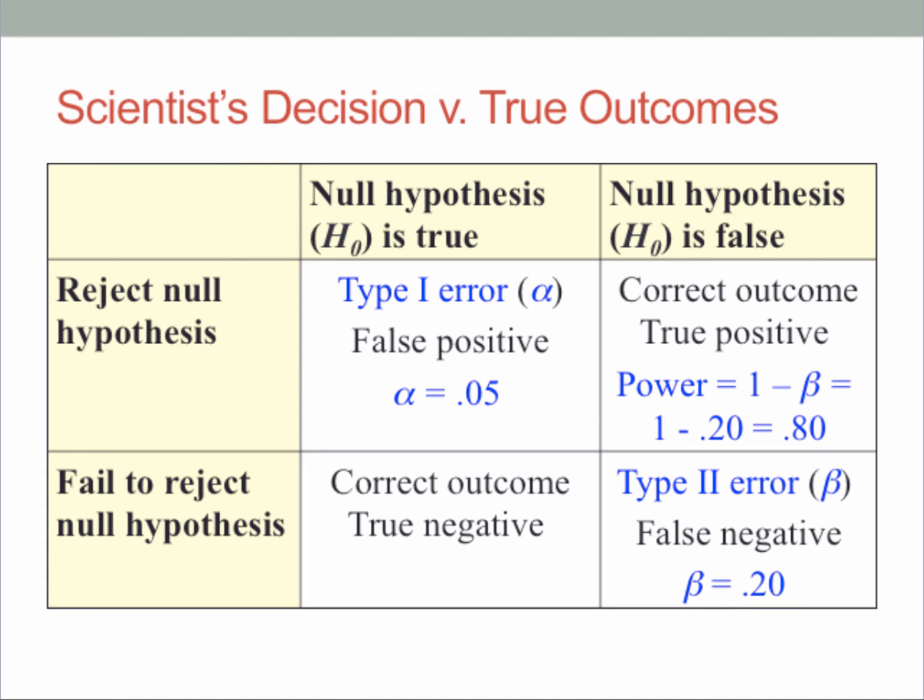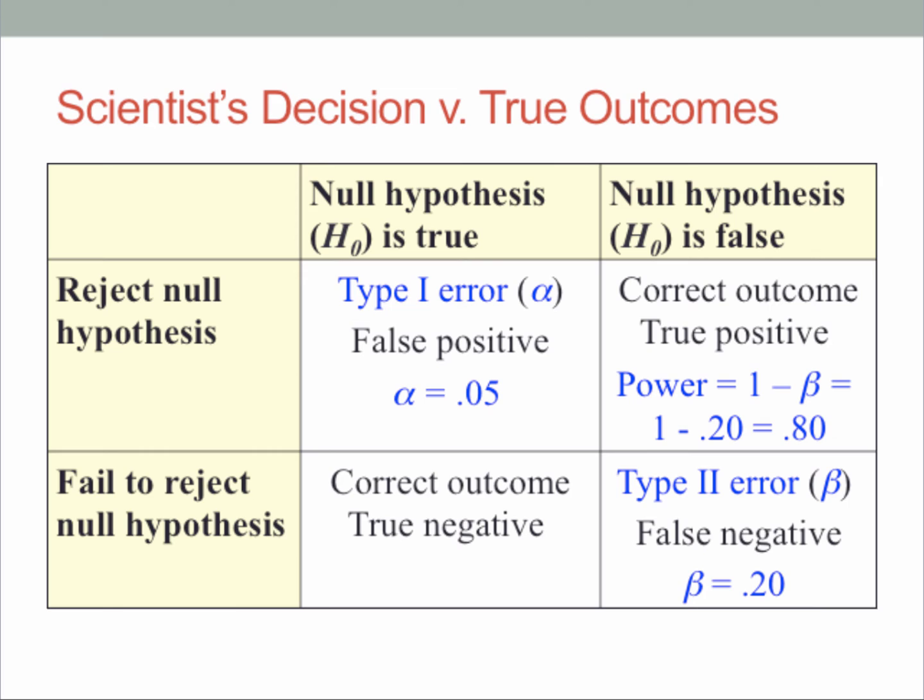So the columns are the true outcome, whereas the rows are what we as research scientists decide to do based upon our analysis and our results. If the null hypothesis is true and we fail to reject it, then we've had the correct outcome: there really is no relationship, there really is no difference between groups. We've got the right outcome.